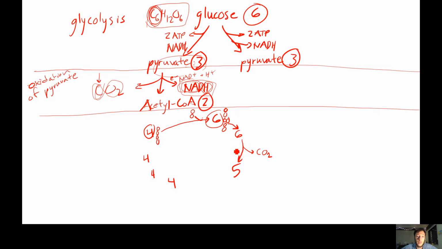Where is that electron going? It's the same thing that happened up here. We're going to produce NADH. Okay. 5 to 4. Same situation. If we're losing carbon, then we are creating NADH.